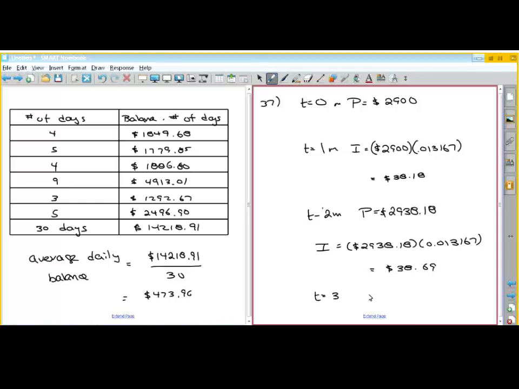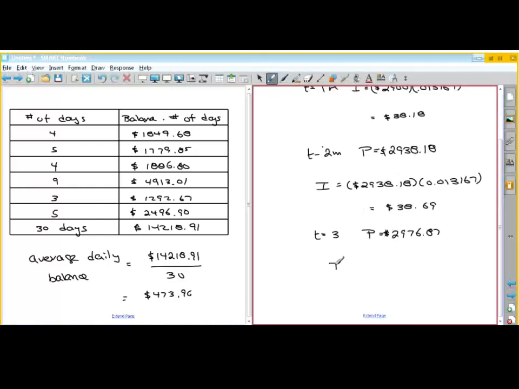Okay, so that means at the end of 2 months, for the third month, my new principal is going to be this plus that. So I add 38.69 to 2,938.18, and my new principal is 2,976.87. Then I calculate the interest on that for the third month.